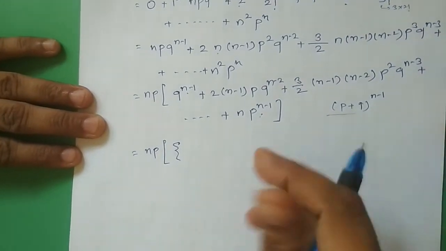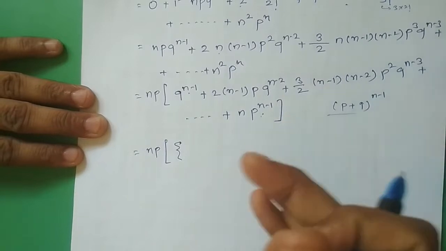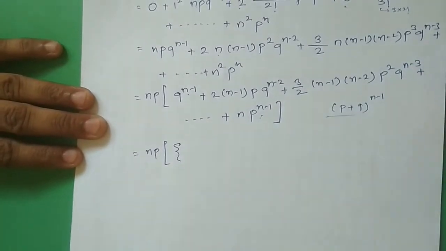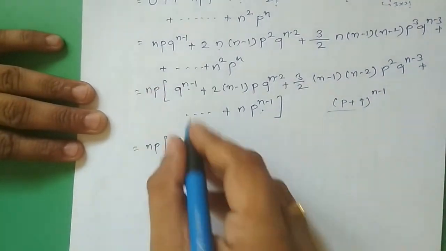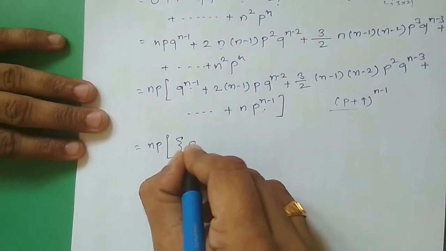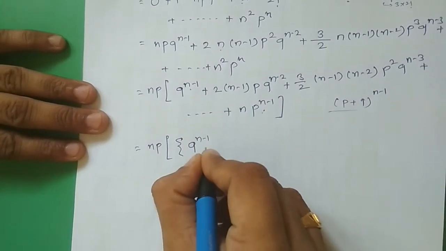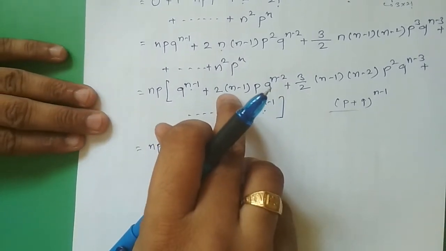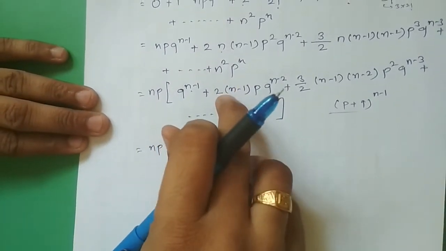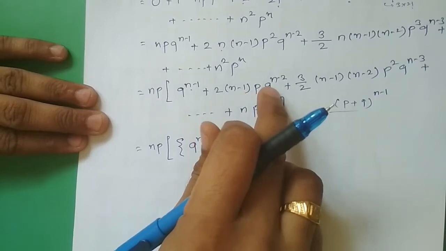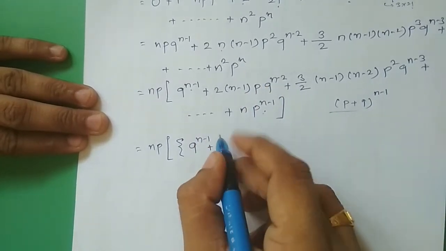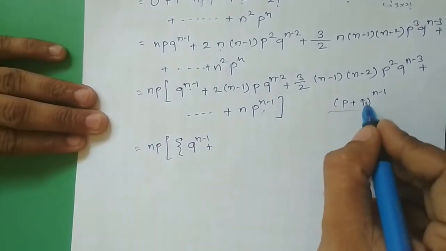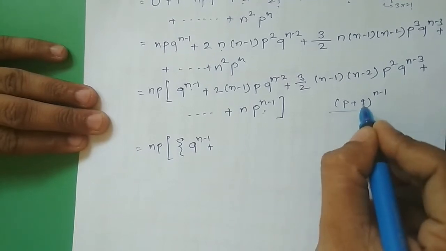Okay, and the remaining terms we are writing in a separate curly bracket. Okay, so first we are writing as it is, that is q raised to n minus 1. It doesn't matter. Then here we just want one term of n minus 1, p plus q raised to n minus 2, right? So we are writing only one term because we have seen the formula for p plus q raised to n.